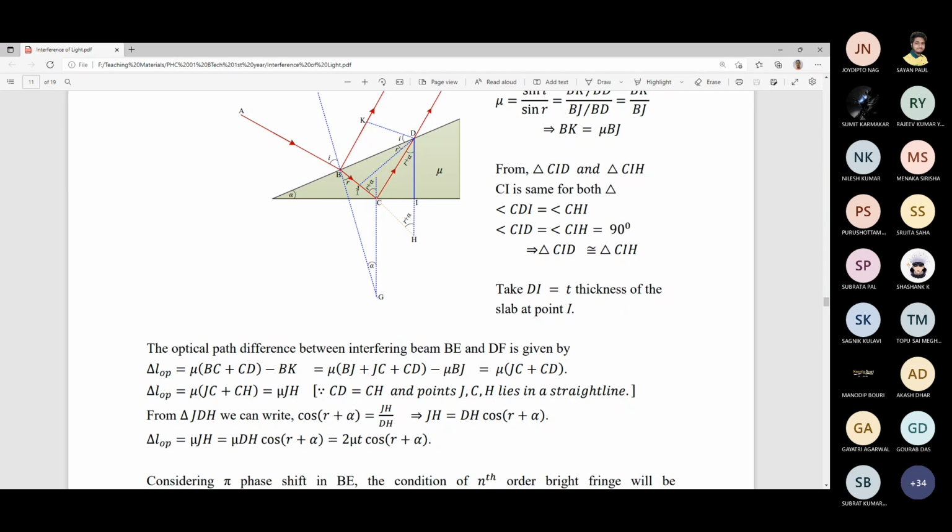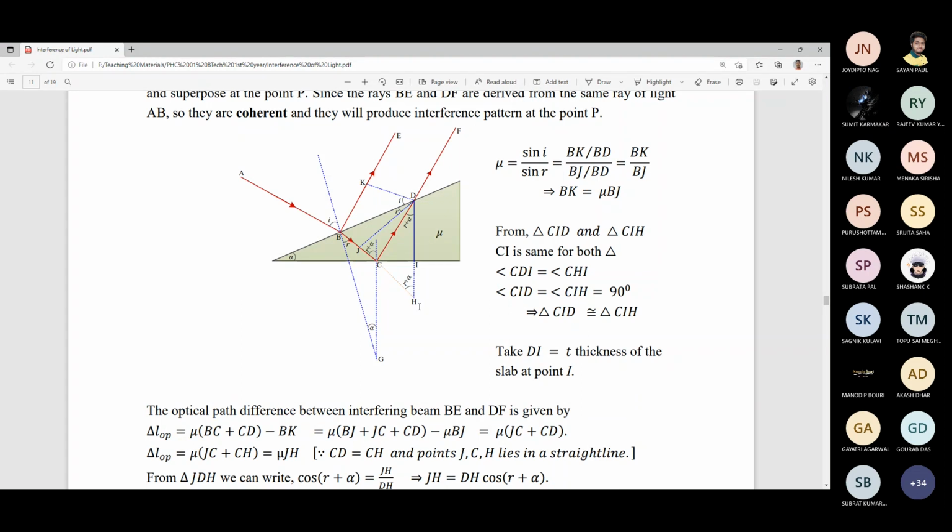Now BC we can write as BJ plus JC. So we have mu into (BJ plus JC plus CD). Now, first we consider the angle of incidence i, then the angle of refraction is r, and these two planes, this is one plane, this is another plane, make the wedge shape, and the angle between these two planes is alpha. If we consider the normals on these two planes meeting at this point G, they will make the same angle alpha.